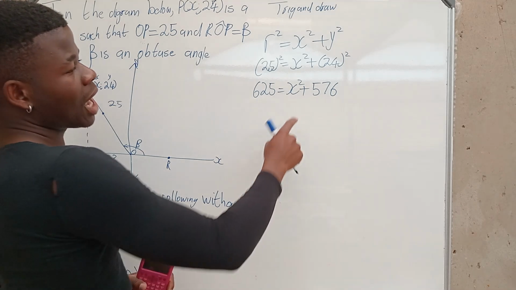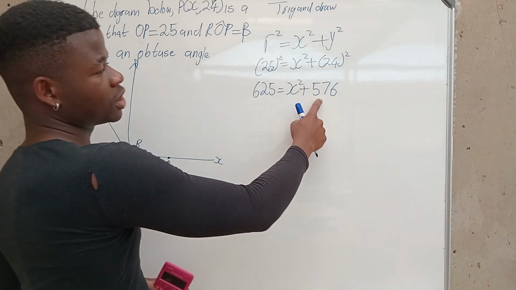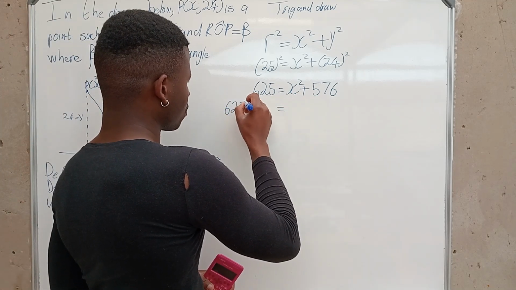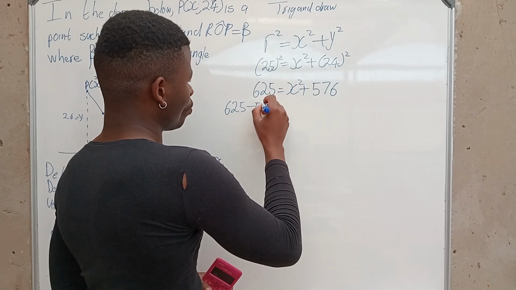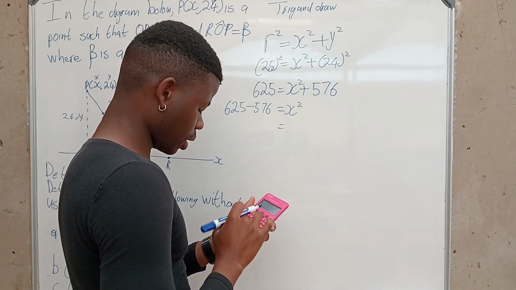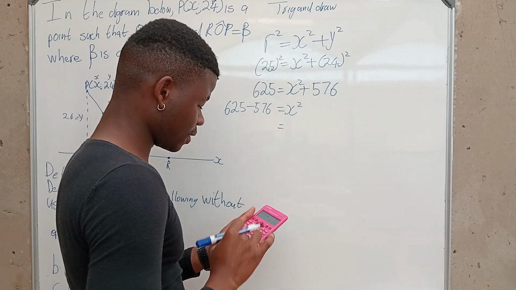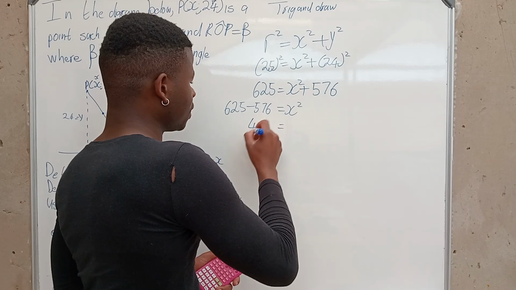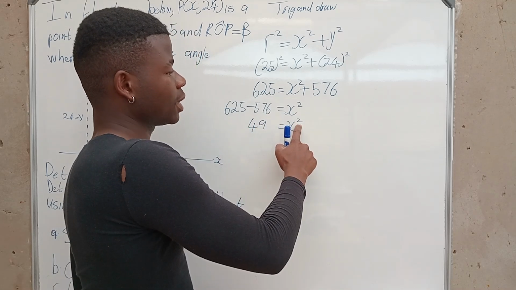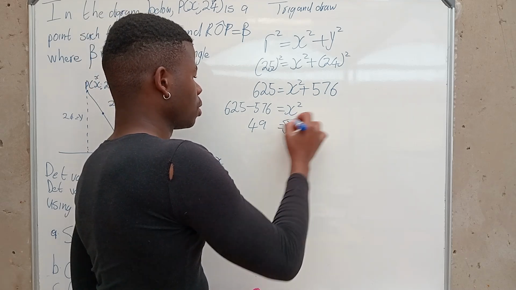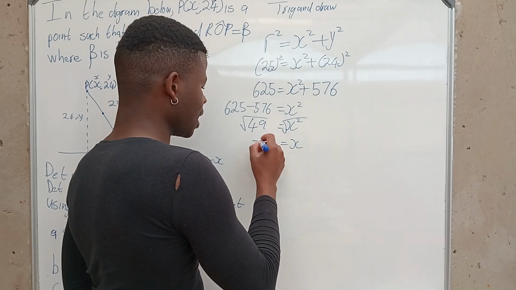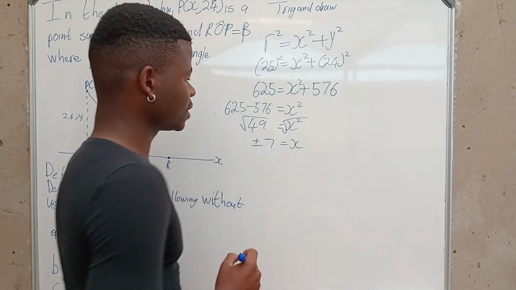576. So now we are going to transpose this over there, and then 625 minus 576. We get 49 equals x squared. So how do you get rid of this squared? Square root, and then x is plus or minus 7.